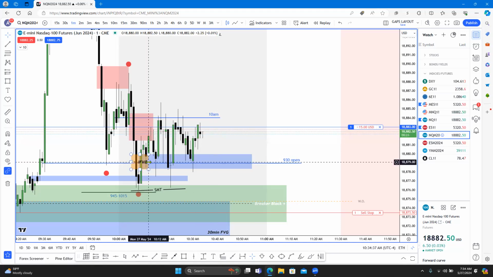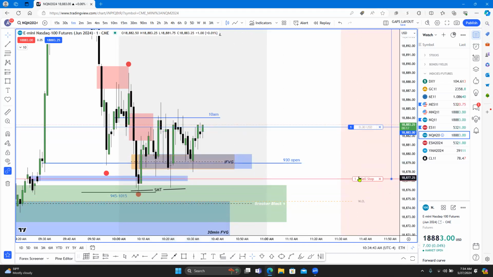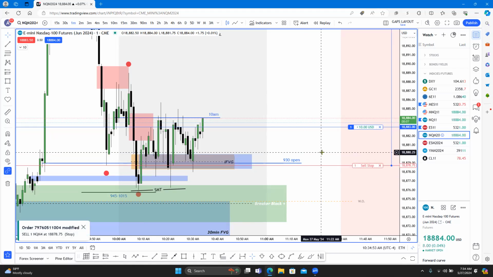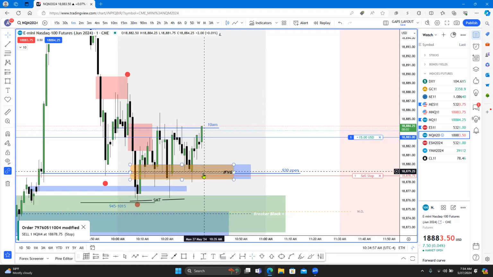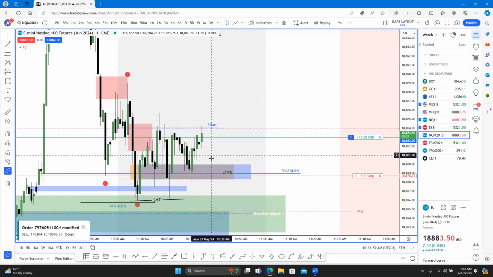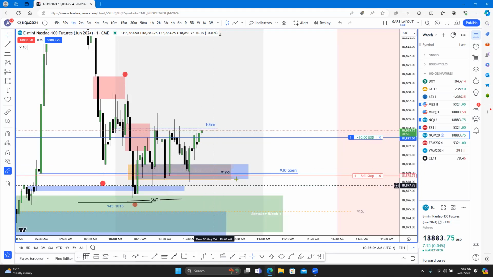So we have this balanced price range now. So I am going to move my stop to just below 50% of this inversion and bullish gap at 9:30 to minimize risk. And there should be no reason for it to now come back down here and rework. If it does, I don't want to be in. I'd rather it take me out, because then it's just going to mess around.